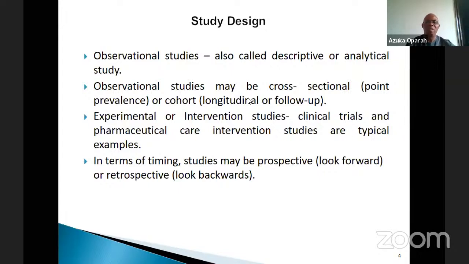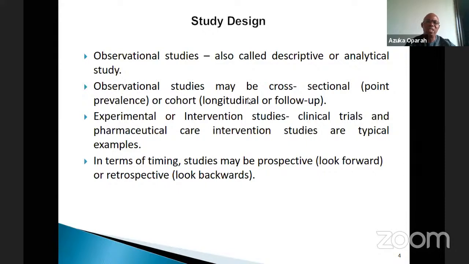Or you want to get patient satisfaction with pharmaceutical services in a hospital. You simply take a cross-section of patients at a particular point in time and assess their satisfaction with the service you render in your facility without making any effort to improve on the satisfaction. That is observation.